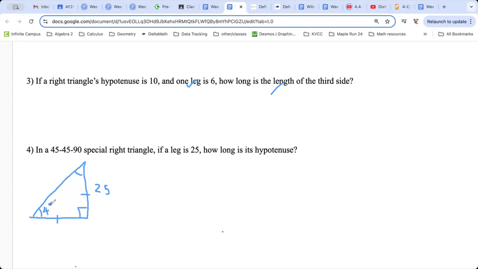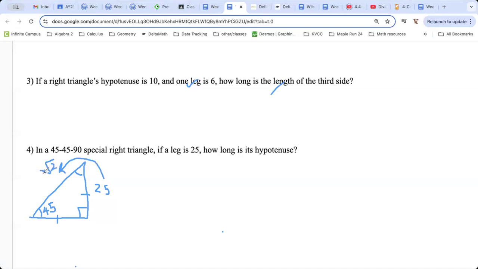Now, if you remember what we did in the classroom, and you can use the special right triangle knowledge, you realize the hypotenuse here in 45, 45, 90 is just simply equal to the leg times the square root of 2, okay?